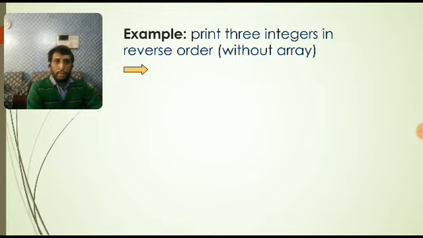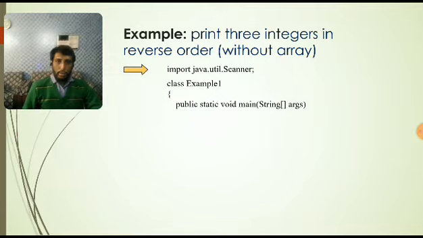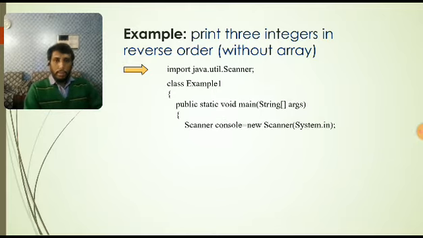So print three integers in a reverse order. Without array, we are going to use, so import Java scanner class, one example, public static main method, and then inside it the scanner console object of the scanner class is created with new Scanner(System.in).